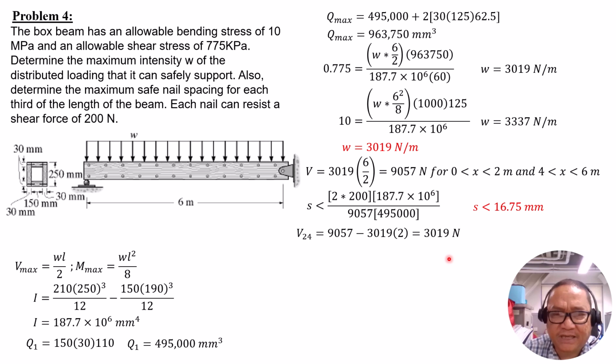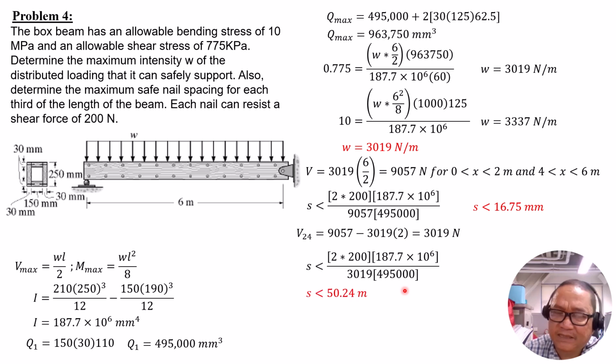So it is 3019 newtons. So substitute into the same formula. We replace this shear with 3019, the rest the same. So 2 times 200 times 187.7 times 10 to the 6 over 3019 times Q, which is 495,000. So S is less than 50.24 mm. So that's it for this video.